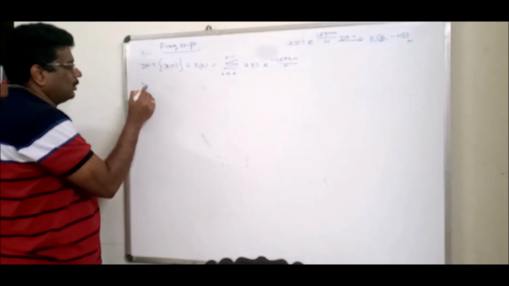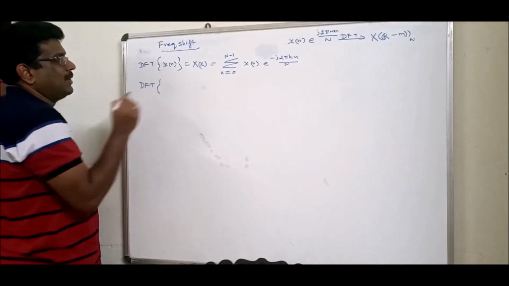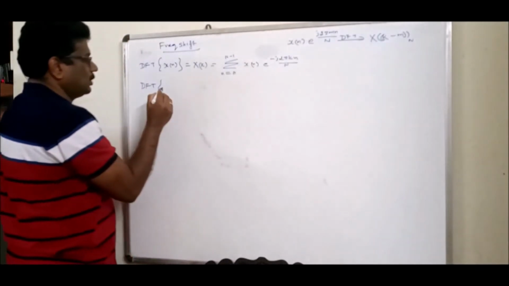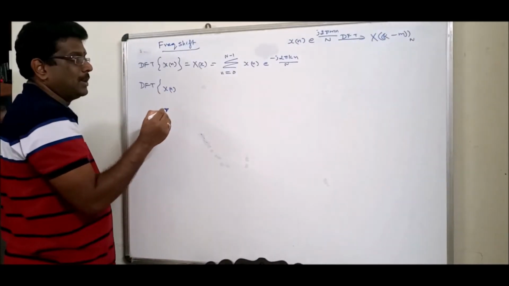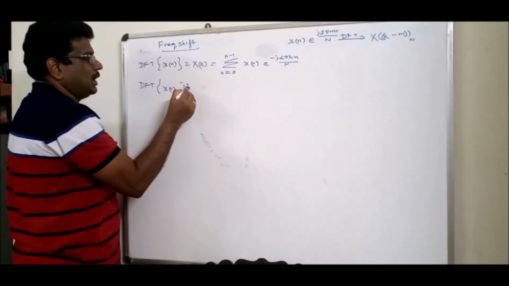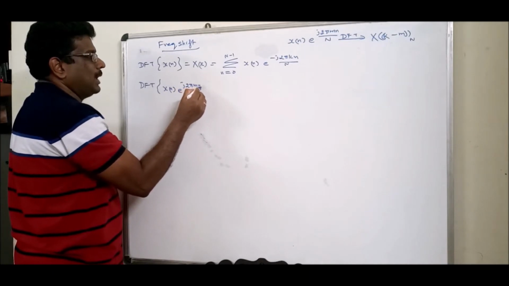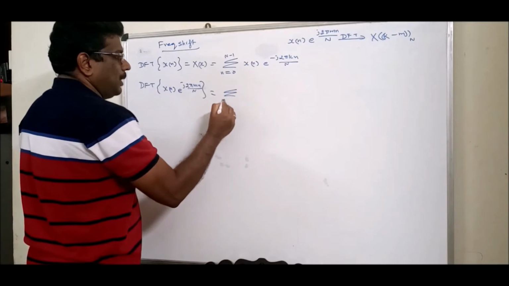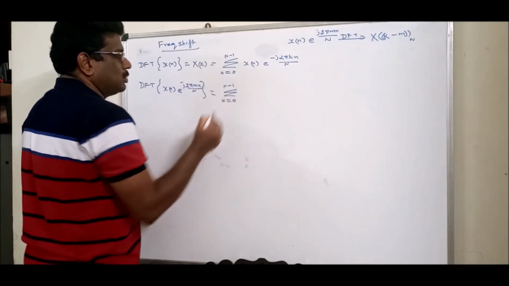Now what I am going to do, as similar to the previous derivation, let us substitute this term. I am starting from LHS. x of n e power j 2 pi mn by n. What should be here? Summation n equal to 0 to n minus 1.